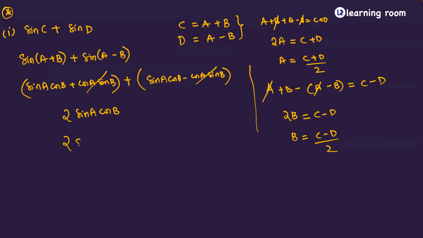Answer will be 2 sin of C plus D divided by 2 into cos of C minus D divided by 2. Is it clear? So you get 2 sin of C plus D divided by 2 cos of C minus D divided by 2. And this is going to be the expression for sin C plus sin D.